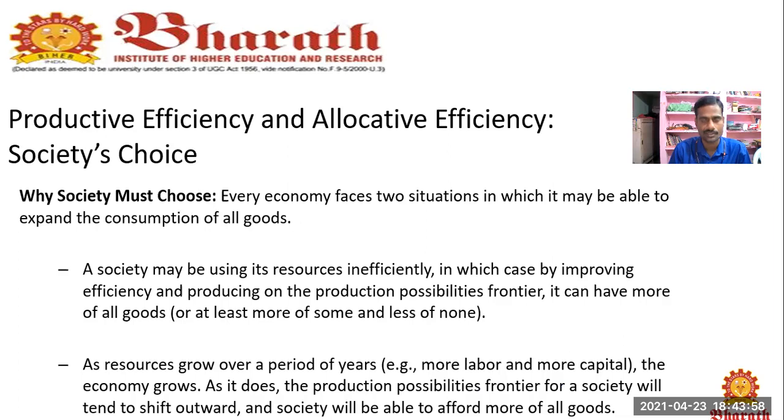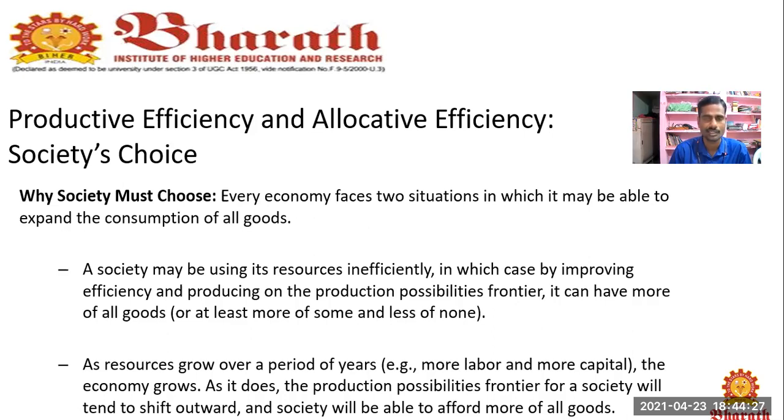Why must society choose? Every economy faces two situations in which it may be able to expand the consumption of all goods. The society or the individual firm always tries to expand the consumption of all goods. That is, increase in consumption, increase in production of goods.